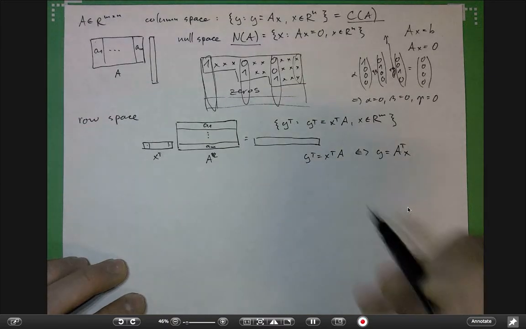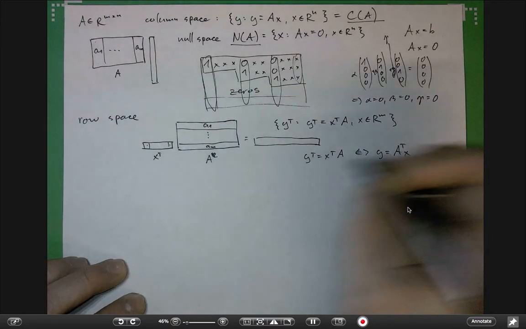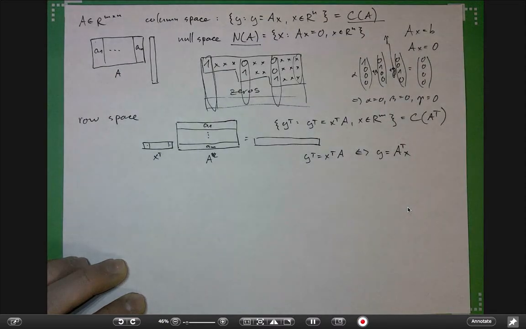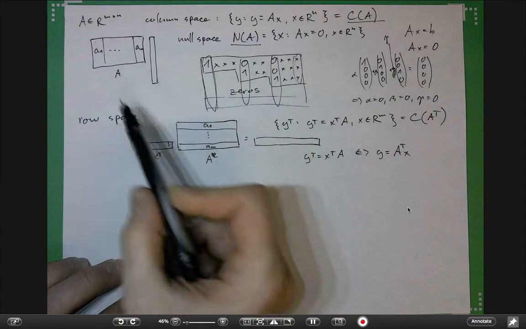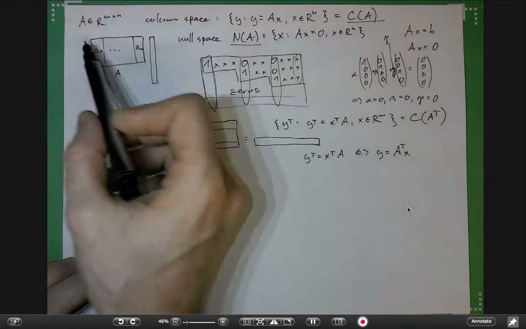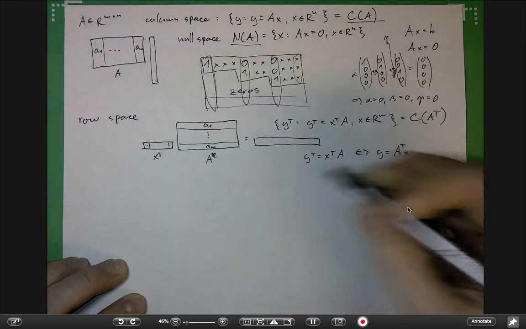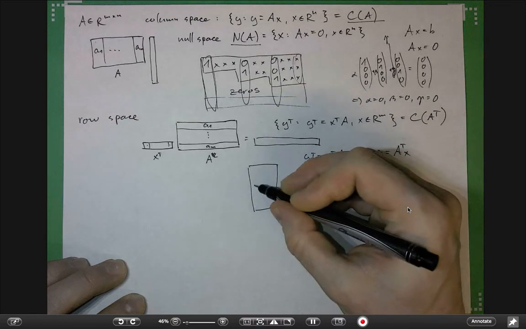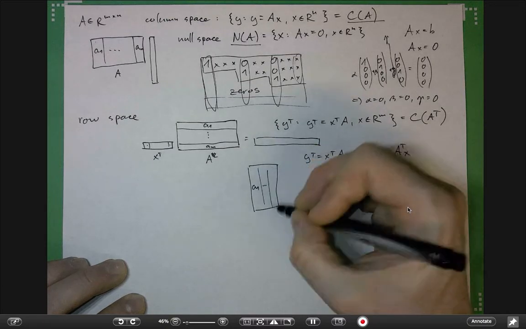So that means that the row space of the matrix is actually nothing but the column space of A^T, the matrix transposed. Sort of makes sense, right? Because if I transpose the matrix, then rows become columns. So if I transpose the matrix, my A^T is this, a1 to am.